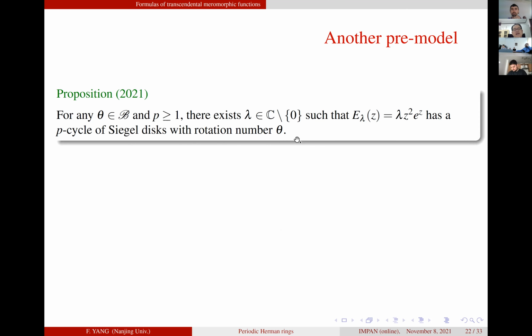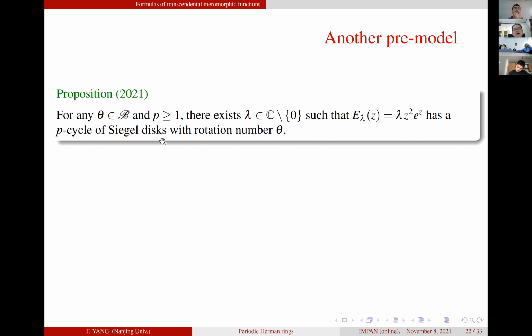For the rational case, we don't need to prove the corresponding result. The model before surgery is a quadratic polynomial, so we only need to begin with the quadratic polynomial z squared plus c, which can produce a p-cycle of Siegel disks with any rotation number of Bernoulli type.